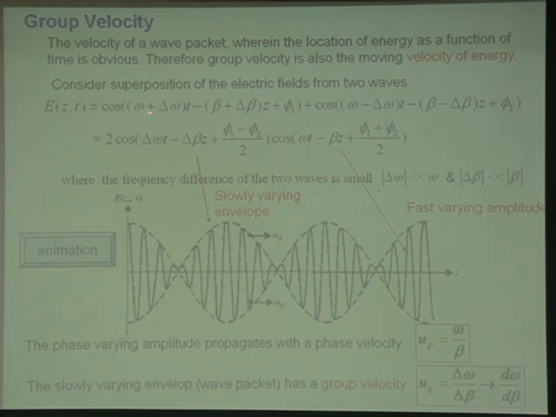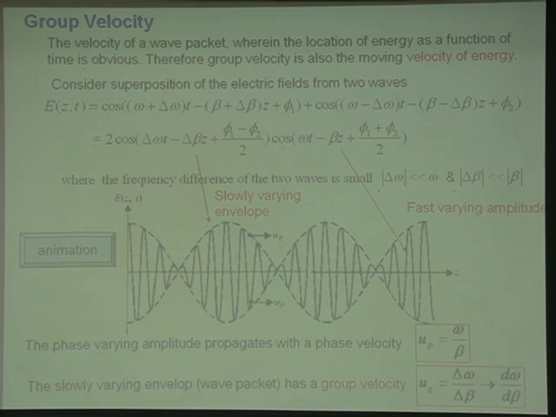If you have a continuous distribution of frequency components and sum them together to form a pulse like this, then the definition of the group velocity becomes d omega over d beta. With two frequency components, it's easier to see how the envelope propagates, with a velocity different from the phase velocity of the phase oscillating components.